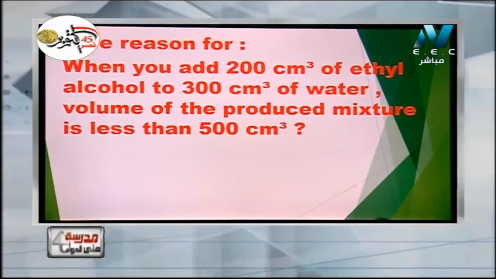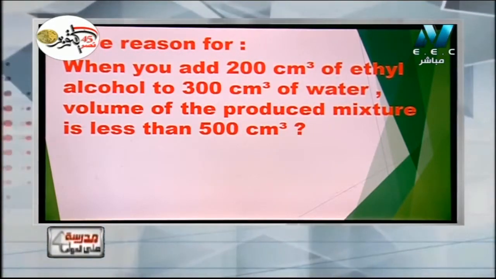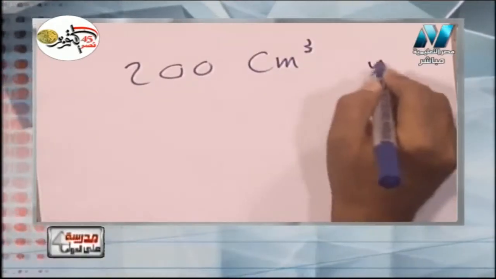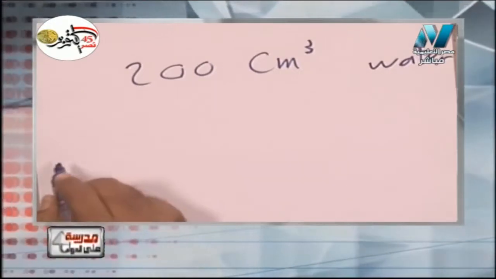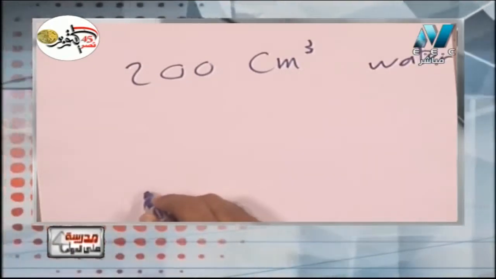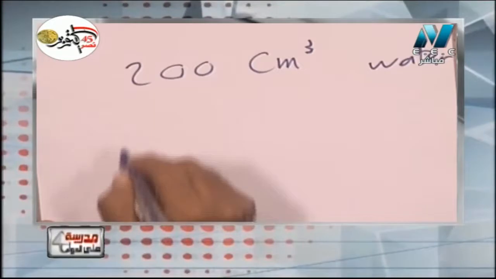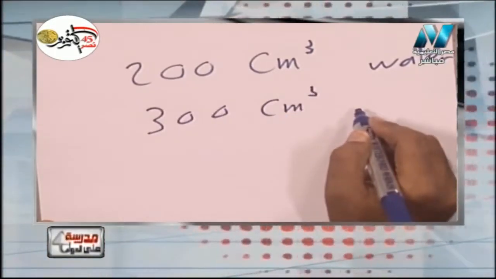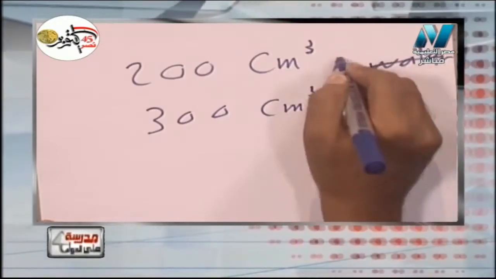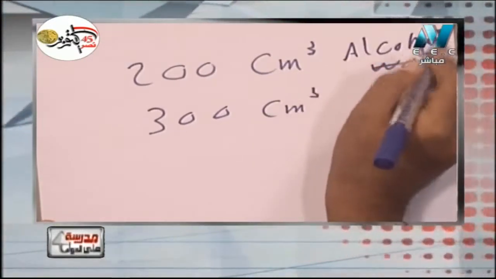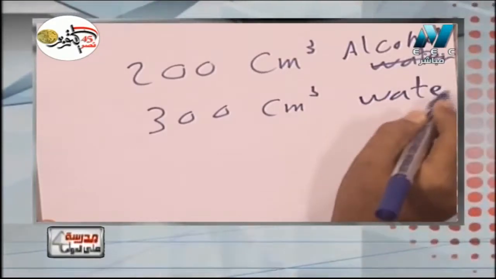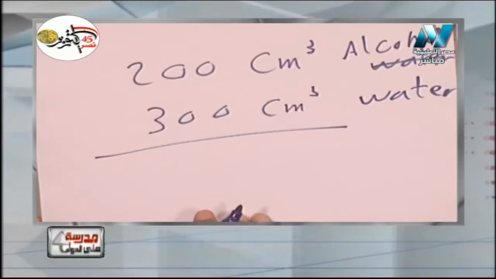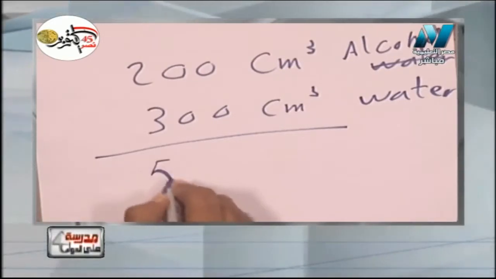So, if I put 200 cubic centimeter of water in a graduated cylinder that contains 300 cubic centimeter of ethyl alcohol, it is supposed that the volume of the produced mixture is 500.